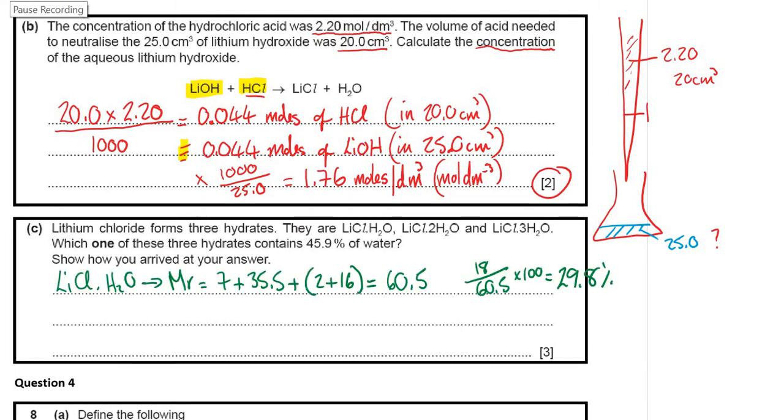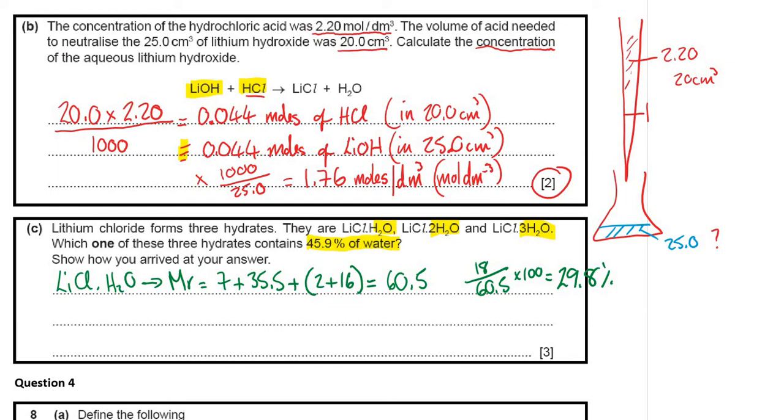For the next question, there's an easier way of calculating this. If we look at the question, we want to try and find out which one of these hydrates contains 45.9% of water. Okay, so is it that one, or that one? You can see that each time we've only got one lithium, one chlorine, so just do one calculation.